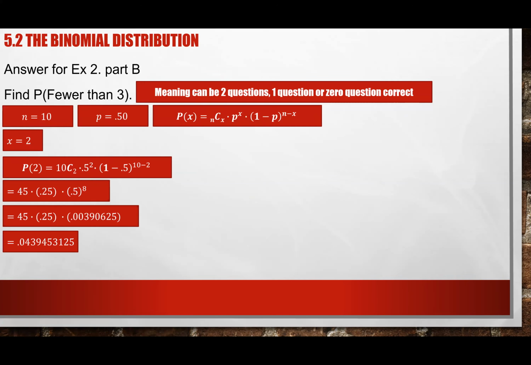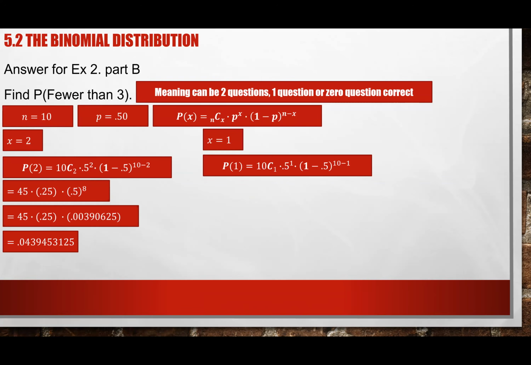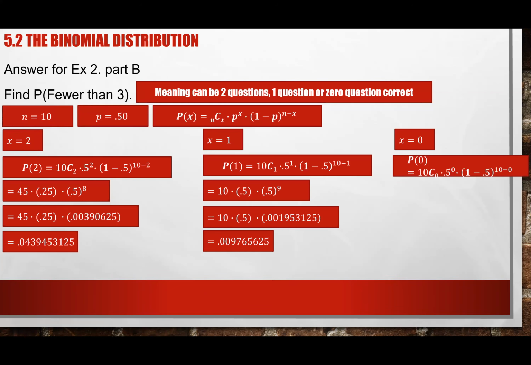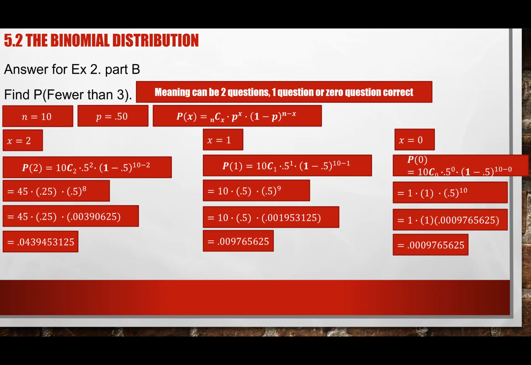Then you have to do the 1, and if you plug it in, this is what you should have for the 1, and then you have to do the 0. This right here tells me that I have exactly 2 questions correct, which is roughly 5, not even 5%, 0.04. I have exactly 1 question correct, 0.009, and I have 0 questions correct, 0.0009.